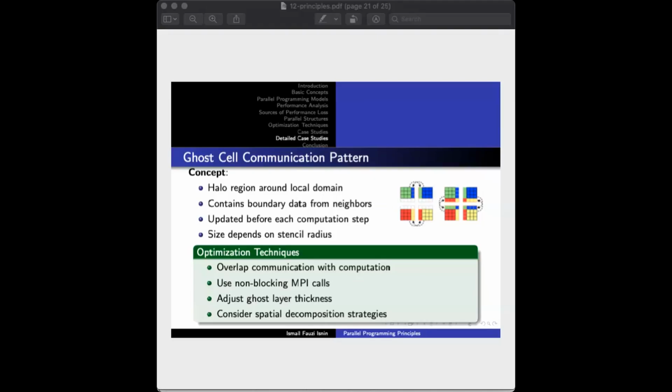The physical thickness of your ghost cell layer is directly determined by your algorithm's mathematical stencil radius. To optimize this exchange pattern, you should utilize non-blocking MPI calls to completely overlap boundary communication with inner grid computation. You should also fine-tune your ghost layer thickness and choose spatial decomposition strategies that minimize the overall surface area to volume communication ratio.